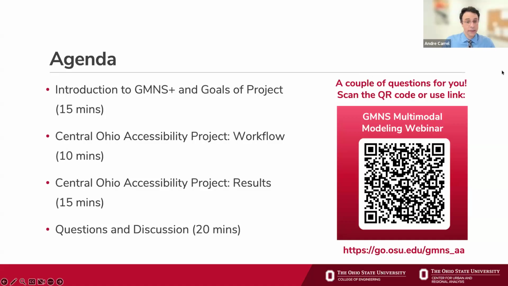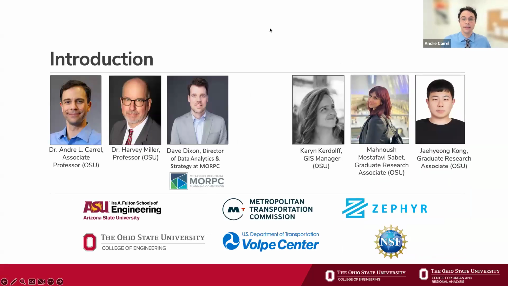All right. So with that, let me do a brief introduction of who we are. This pilot project that I'm about to introduce you to: the lead team behind this is me, an associate professor at The Ohio State University in City and Regional Planning and Civil Engineering, and my colleague, Dr. Harvey Miller, who's a professor in geography and the director of the Center for Urban and Regional Analysis at OSU.